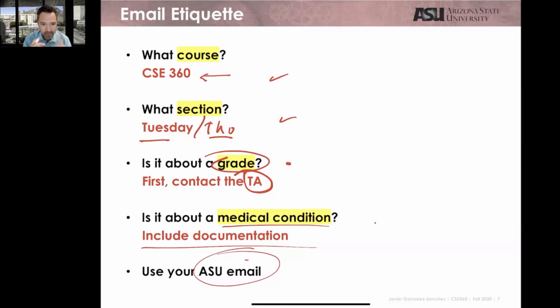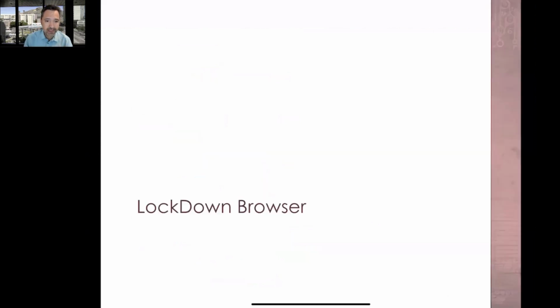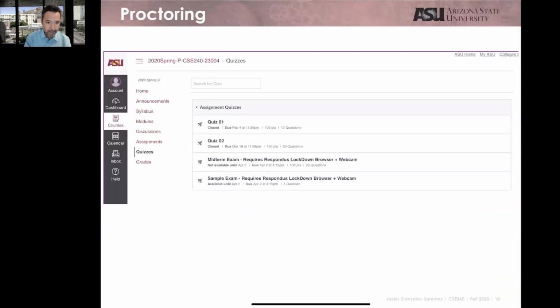Good. Okay, talking about the lockdown browser, I think you should be familiar with this because this was the tool that most of your classes used during the spring. So my assumption is when I mention lockdown browser, all of you have used this at least in one class before, but just in case, what you are going to have on Canvas right now is a link like this.